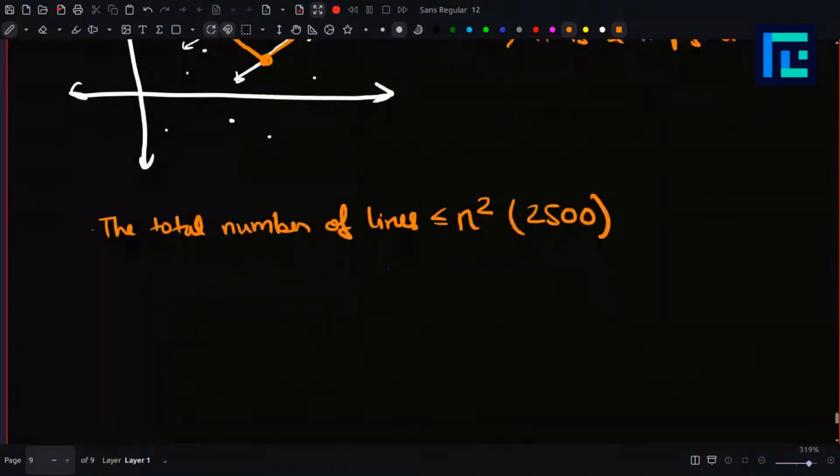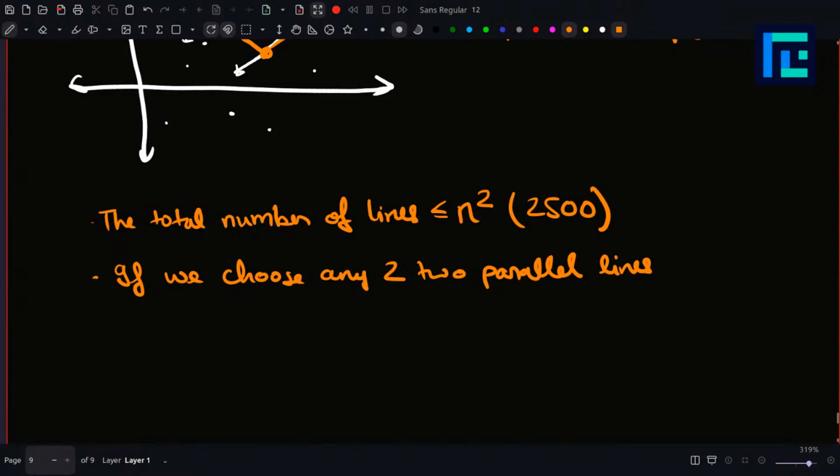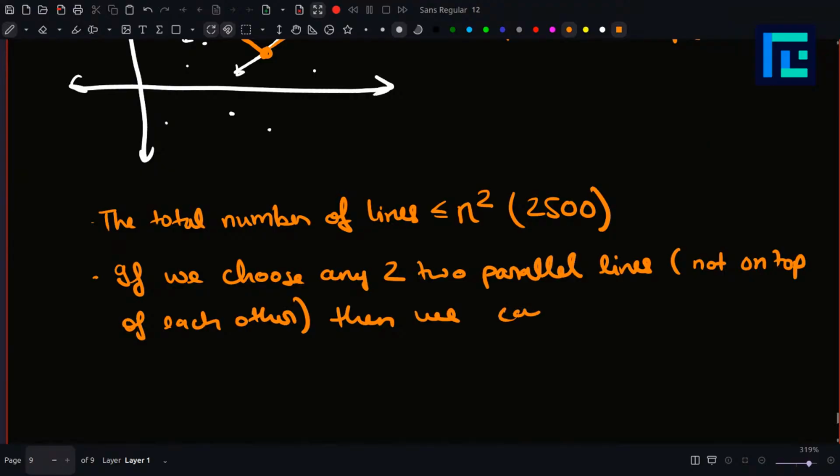And second thing, if we choose any two parallel lines that are obviously non-intersecting, that are not on top of each other, then we can form a trapezoid.